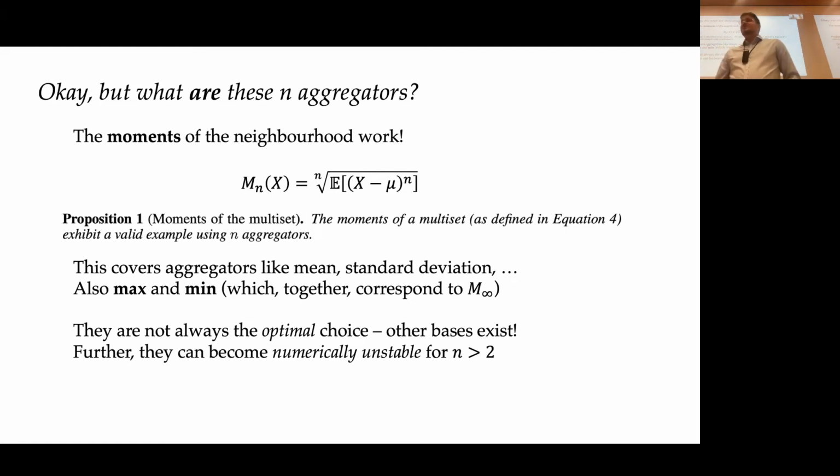What this means is you take the nth power of the expected value of how far away you are from the mean, and then you take the nth root. As you iterate n, you go from mean to standard deviation to skew to kurtosis and so on and so forth. You can even cover things like max and min because together they give you an estimate for the infinity moment, right? It's the biggest distance in your neighborhood. So this also explains why max and min are quite powerful.